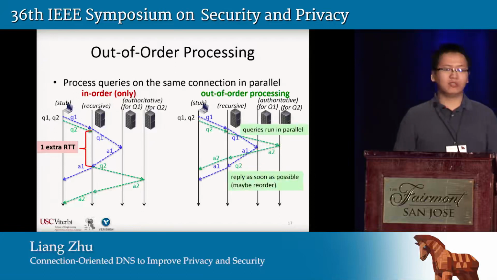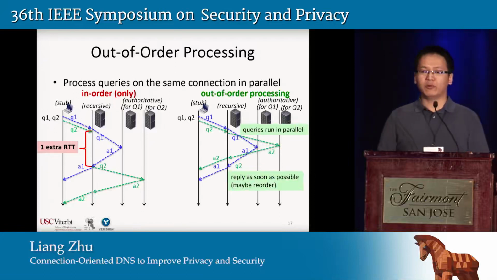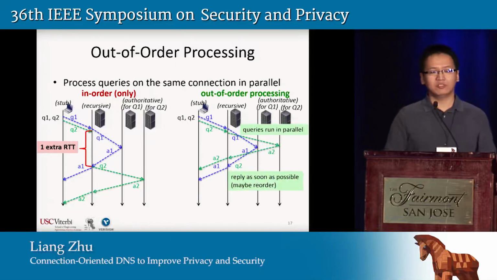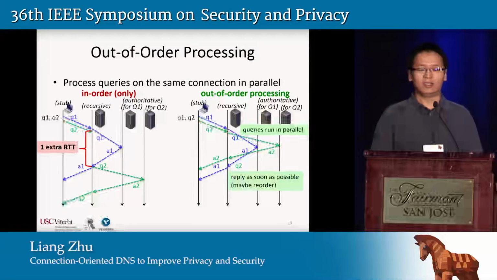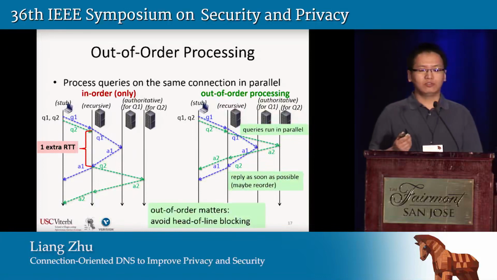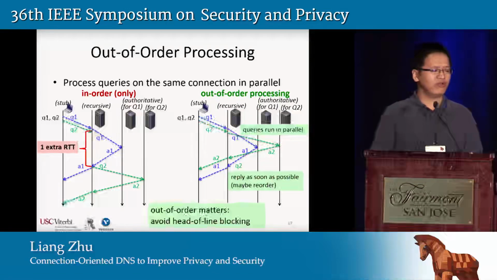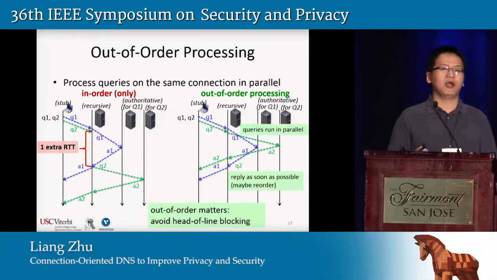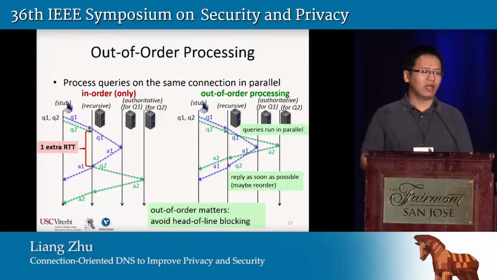So it's very important to let the server process the queries in parallel and send the responses back out of order. Out-of-order processing matters because it helps to avoid head-of-line blocking.